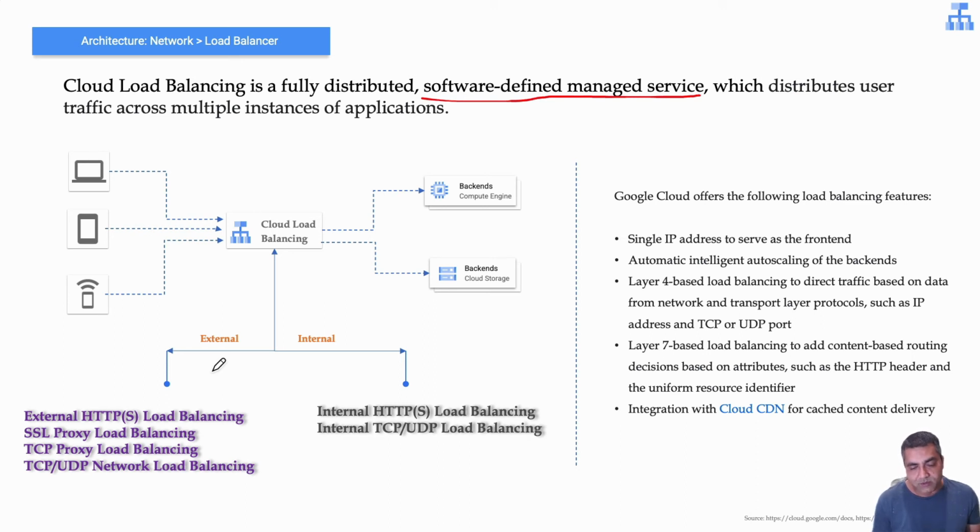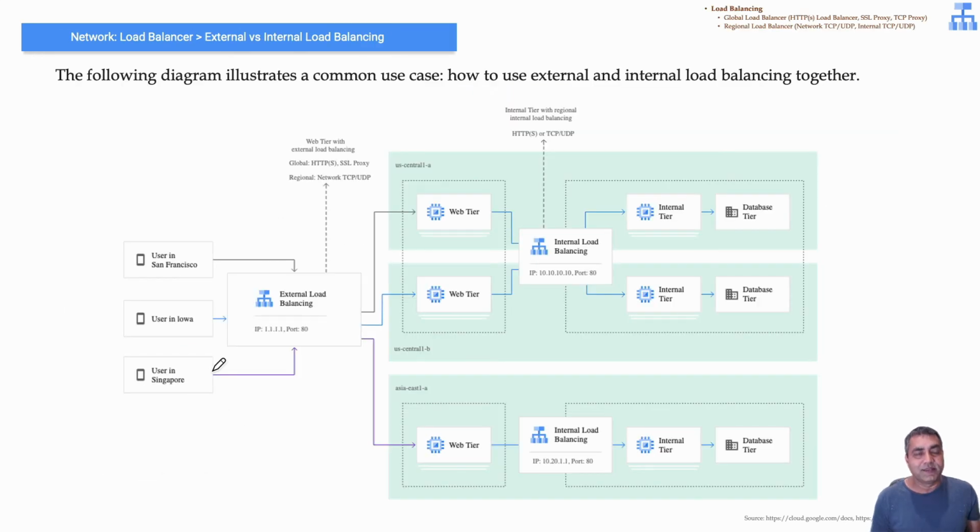For regional load balancing, you can use a standard tier. On the other side, internal load balancers distribute traffic to instances inside of Google Cloud. So with that, let's dig a little bit deeper into external versus internal load balancing.